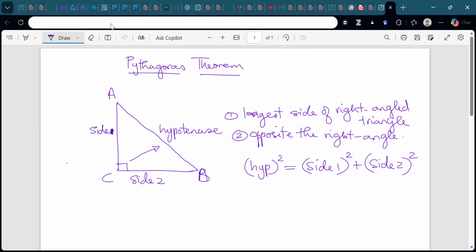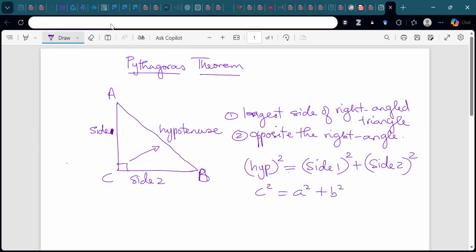So the length of the hypotenuse, if we were to square it, once the triangle is a right angle triangle, is going to be equal to side 1, the length of it being squared, and side 2, the length of it being squared. You will often see it denoted as c squared is equal to a squared plus b squared.